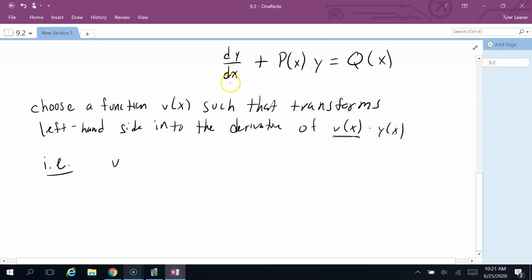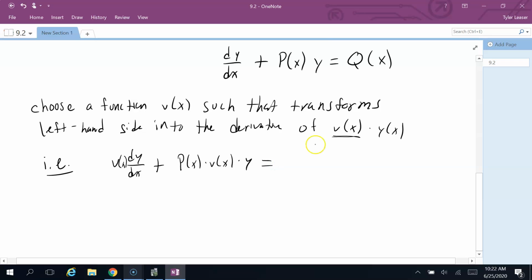So it's going to be that v of x times the derivative plus that p of x times v of x times y. All right, so this is the left-hand side of the equation, but we multiplied v of x onto each of the two terms there.